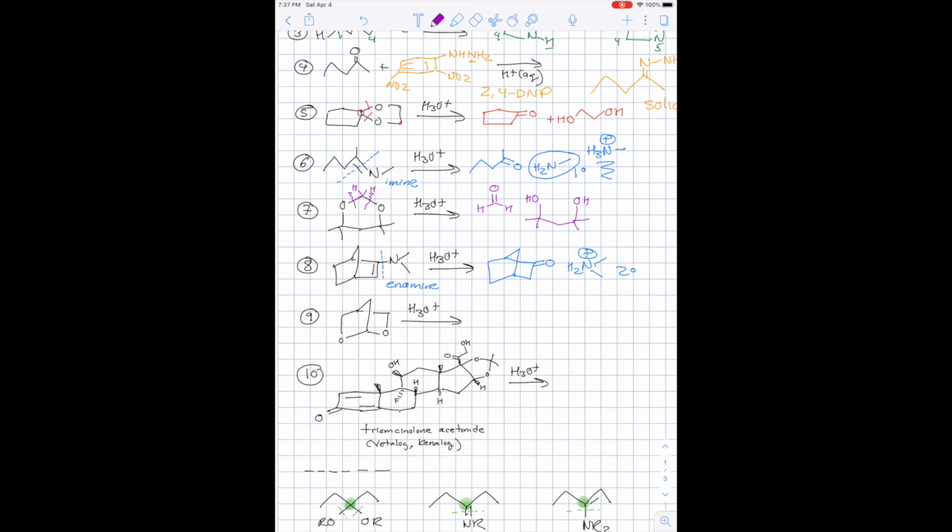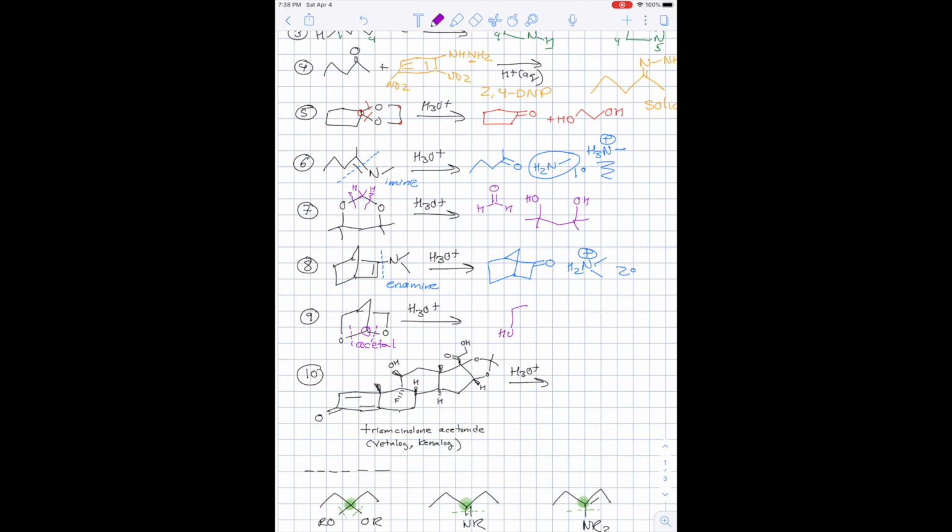All right, this thing. So again, half the problem is finding the carbon that becomes the carbonyl. So since this is an acetal, we're going to look for the carbon that is attached to two oxygens, which is this one. So the bonds that we're going to break are these two.